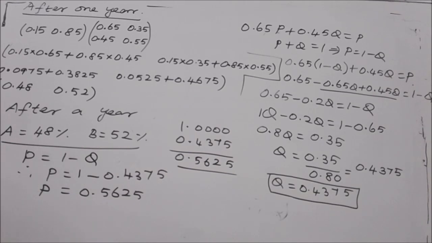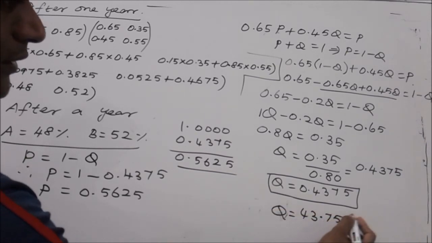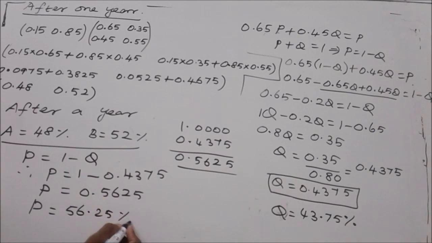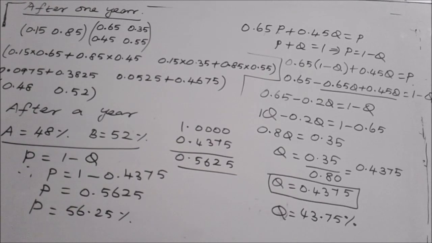This is P, and then we are writing in percentages. Q is equal to 43.75%, and P equal to 56.25%, which implies when the equilibrium is reached, 56.25% of the people will buy product A, and 43.75% of the people will buy product B. So after 1 year it will happen.